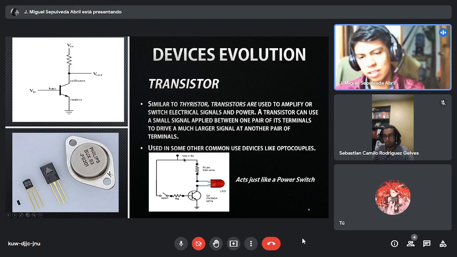This is useful for other devices also used in power electronics, like optocouplers, which are kind of protection devices. Just like any other power switch, we can see how it works. Even if we don't have the main bulb's common there, we can have some other small voltage power source with common ground, and we can still keep switching the LED without any problem thanks to the transistor.